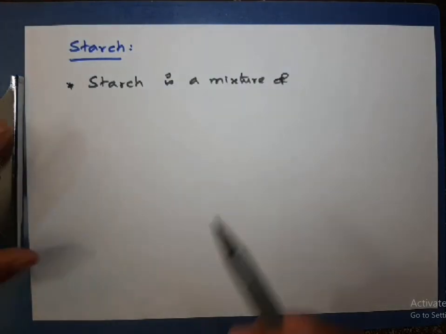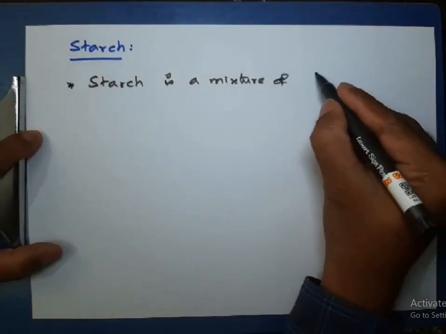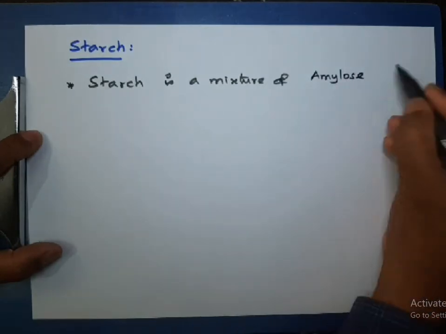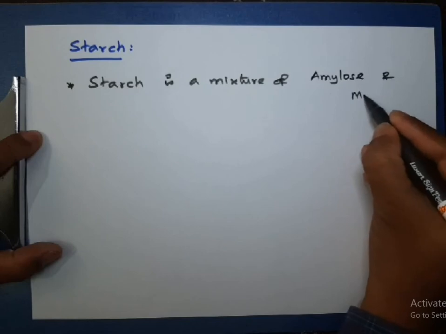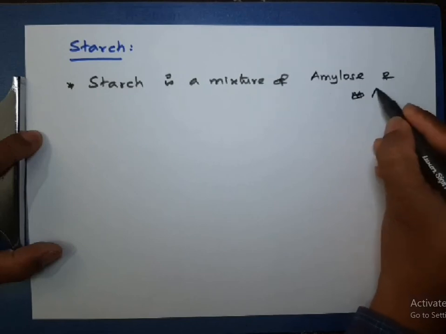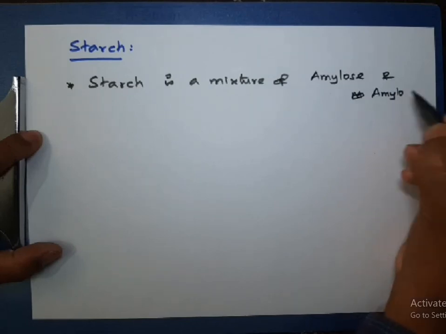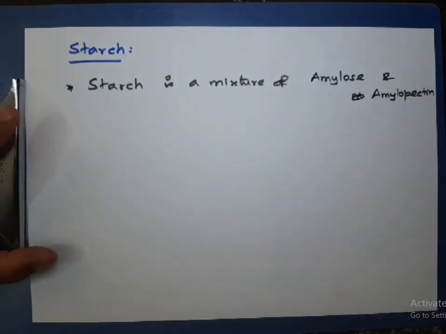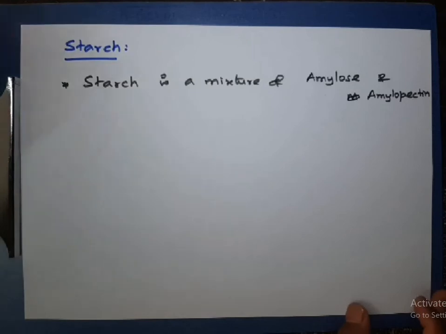Starch is a mixture of amylose and amylopectin.